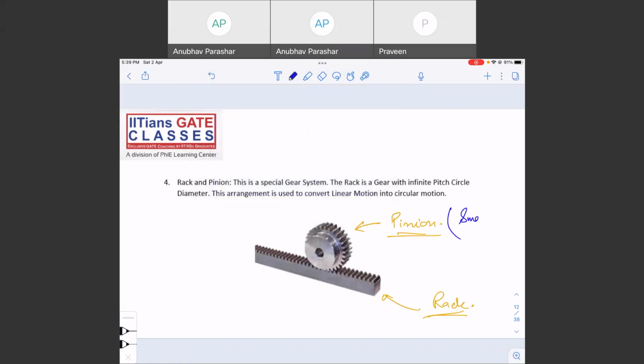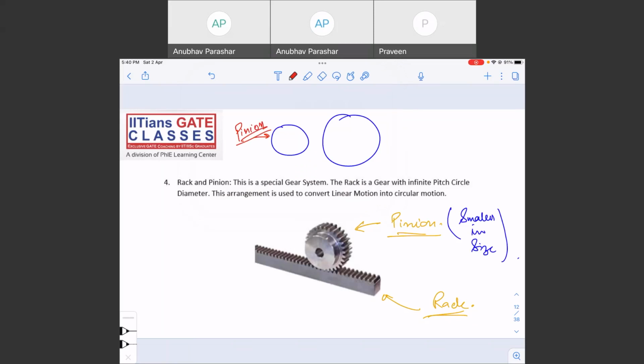So how exactly are we comparing which gear is bigger and which gear is smaller? That is through their diameters. So if two gears are in contact, the one which has the smaller diameter will be the pinion.